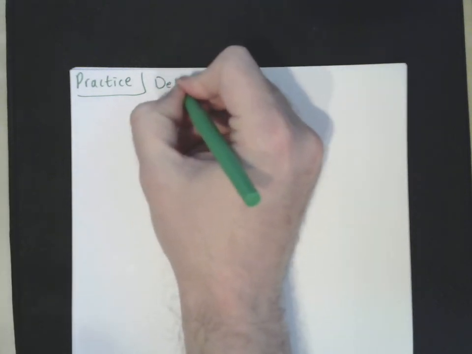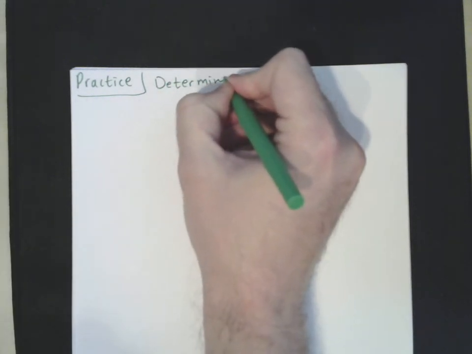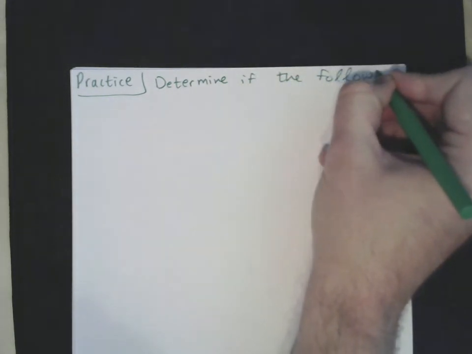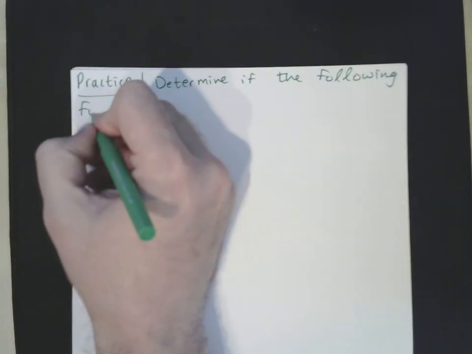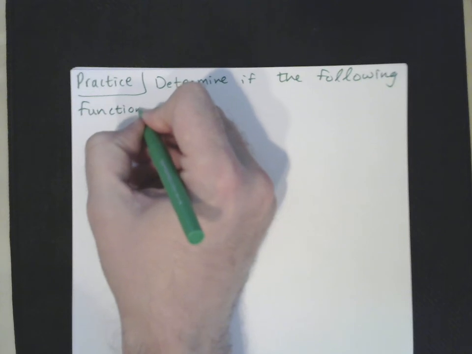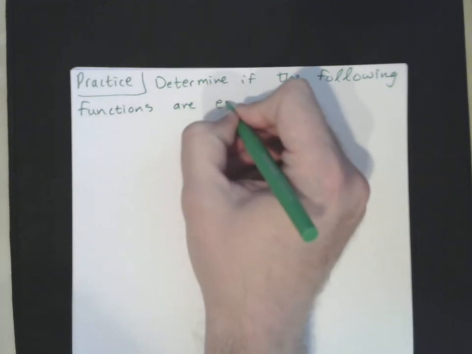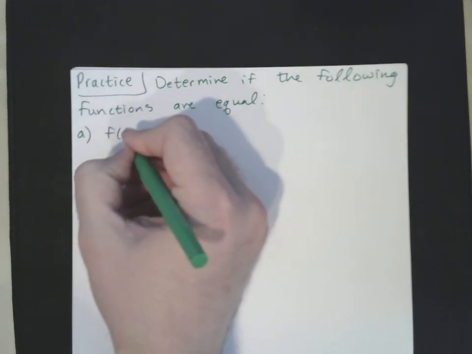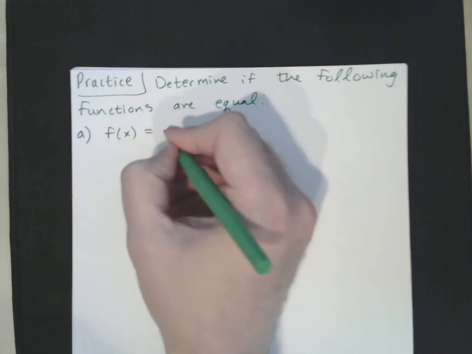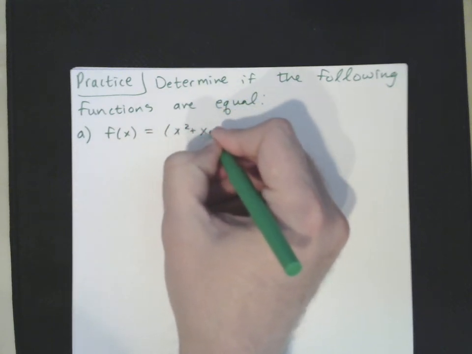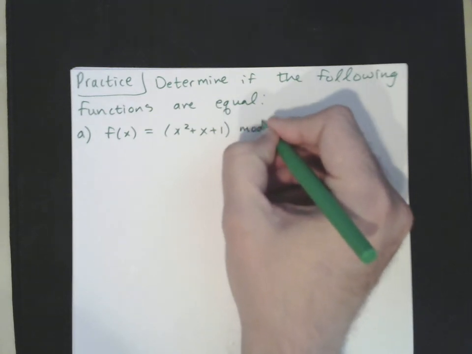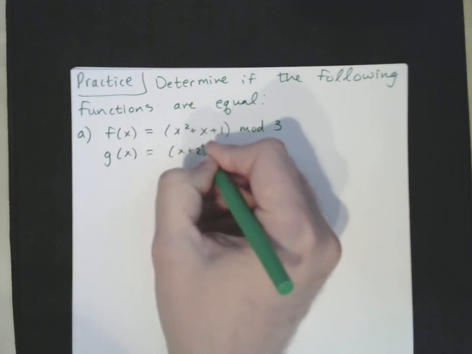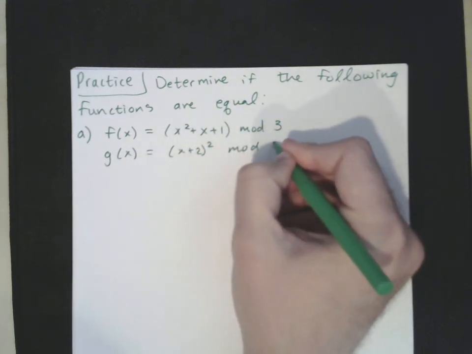So please determine if the following functions are equal. So I'm going to give you two pairs of functions. F of x equals x squared plus x plus 1 mod 3. G of x equals x plus 2 squared mod 3.